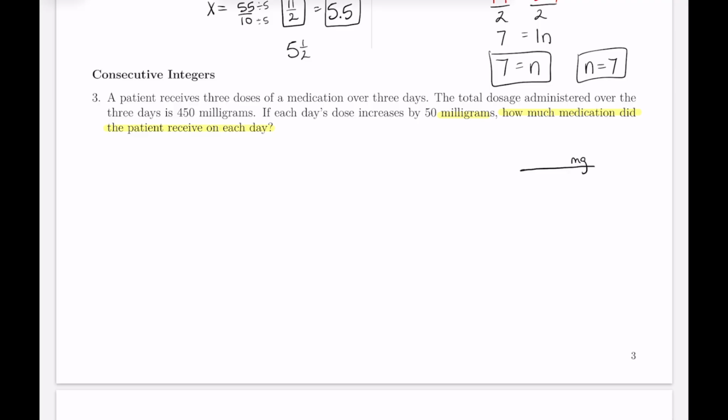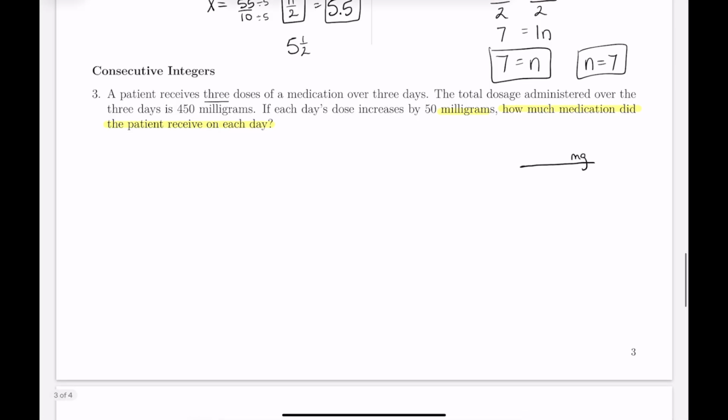So there's a lot going on here. So there's 3 doses, right? That means I'm going to be adding 3 numbers. I'm going to add something plus something plus something. Okay. And then it also says the total dosage over the 3 days is 450 milligrams.